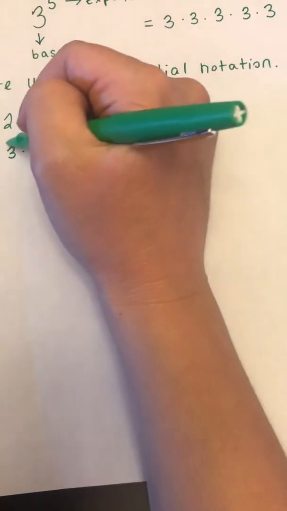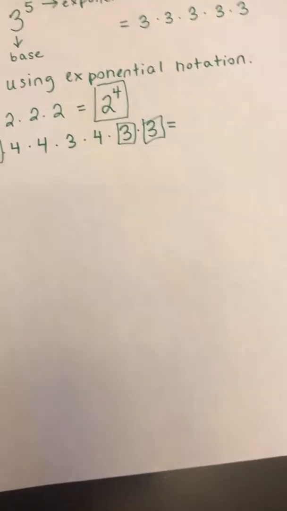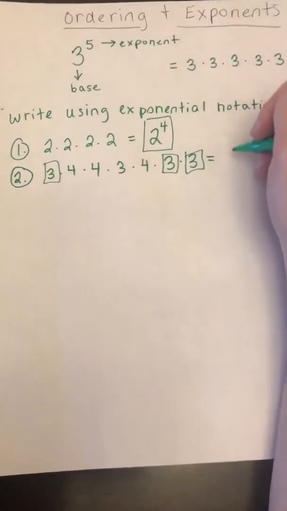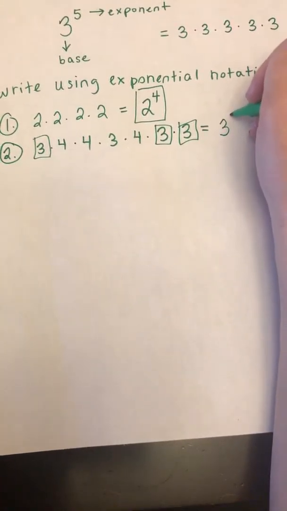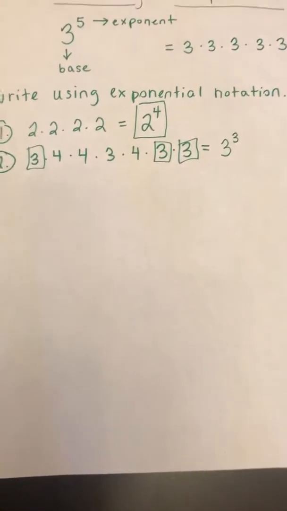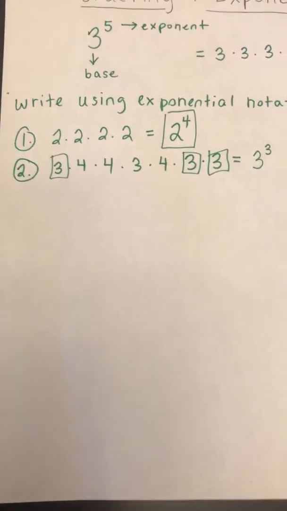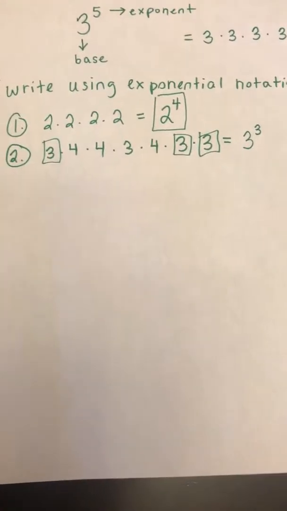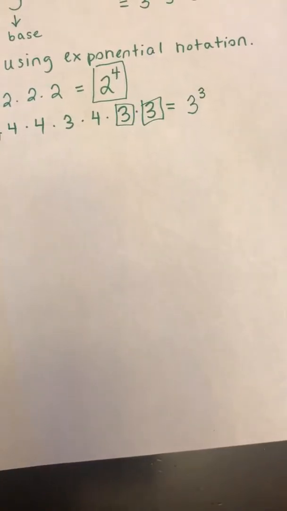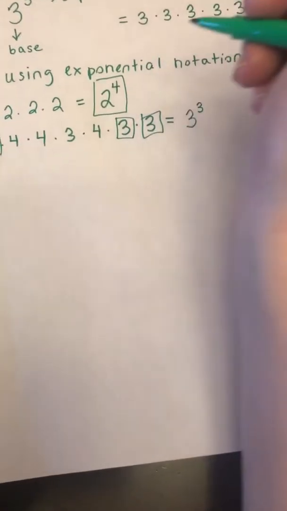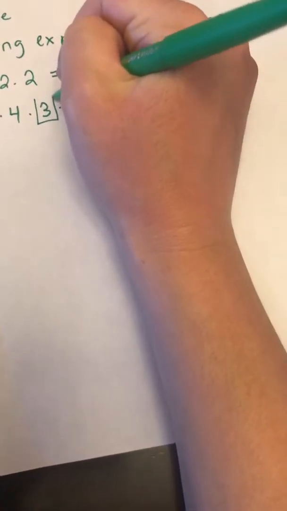So let's start with the number 3. I have 1, 2, 3 3's. So first I'm going to write that as 3 to the 3rd power. Another special name for the 3rd power is cubed, if you hear people say that. So 3 to the 3rd power is the same as 3 cubed. Oh, I forgot one, sorry. There's actually 4.